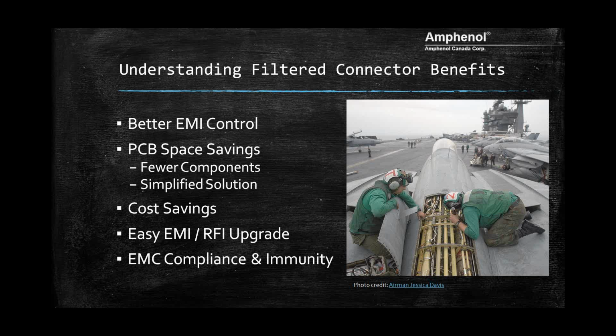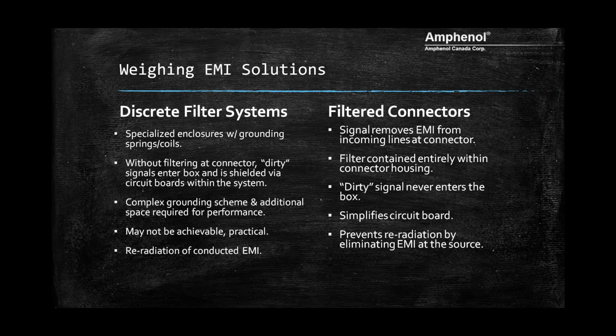One thing that you don't get with a filtered connector that you do get with a discrete filter system is that when the signal enters your LRU, it can be contaminated with EMI, or let's call it a dirty signal. So you have a dirty signal entering the box.